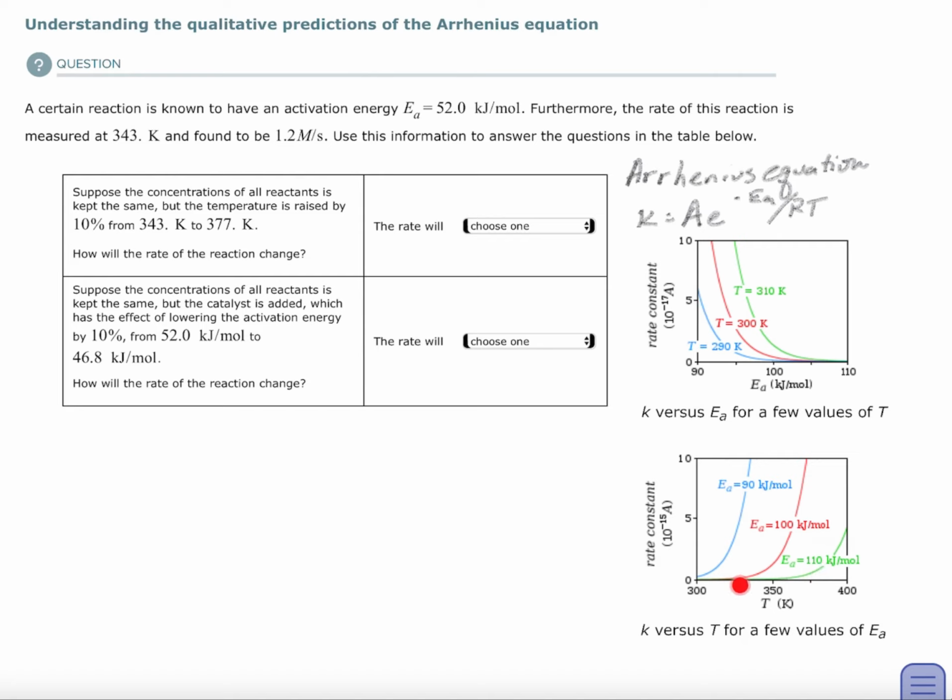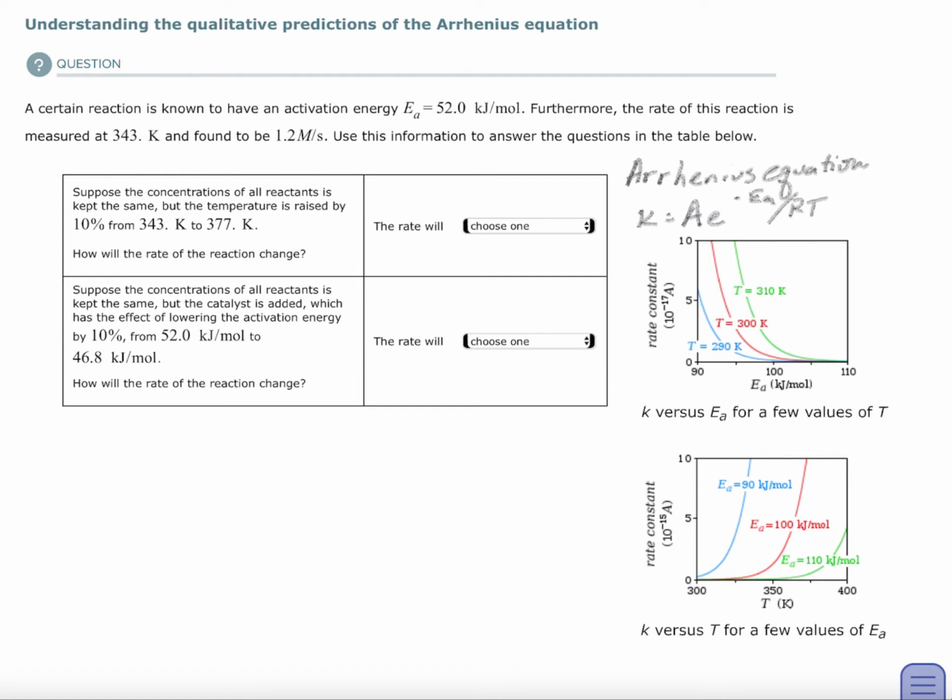If for every one I went up, it went up one, I'd have a nice straight line. A linear line means that if I go up 10%, it's going to go up 10%, or if I go down 10%, it'll go down 10%. But if I have an exponential line, a J-curve line like this, if I go up 5% or 10% or 20%, it's going to go up more.